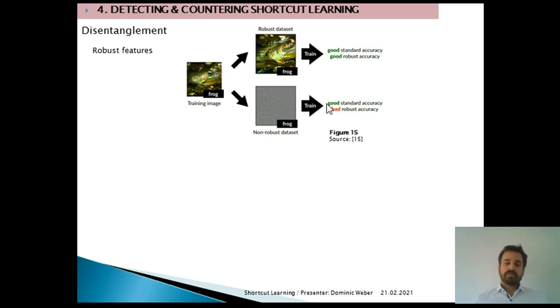So one approach is to filter out the non-robust features. And Ilyas showed in his paper that this does lead to robust results without actually having to change the model itself. The downside is it relies on there being another robust and adversarially trained model already existing in the first place. Obviously, this is not always a given.